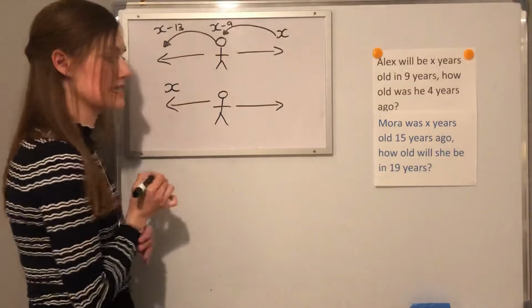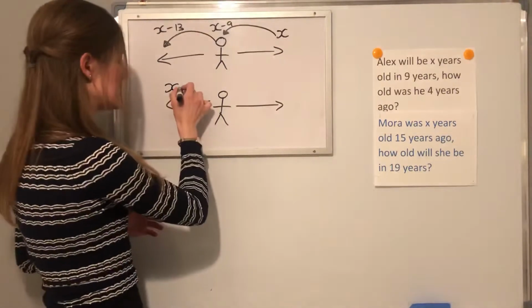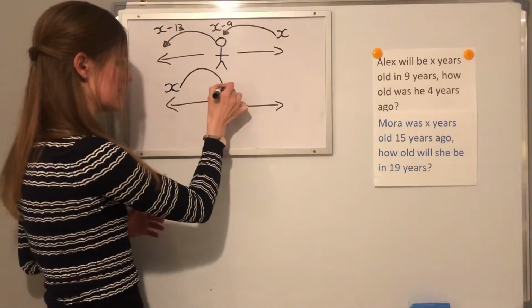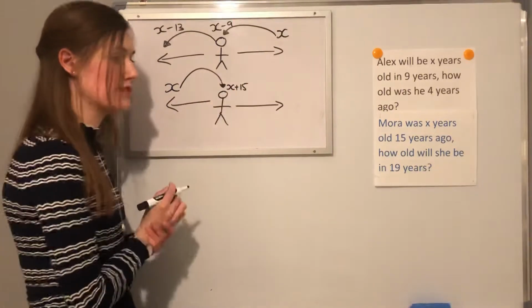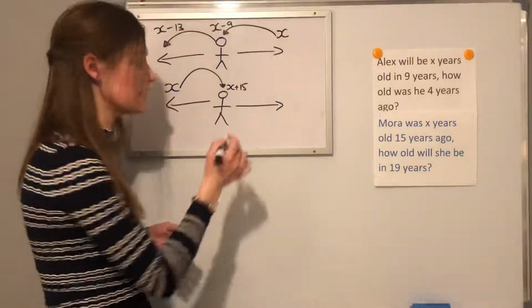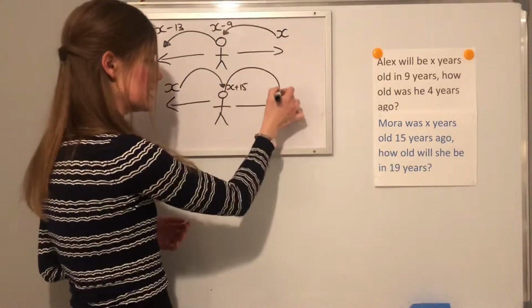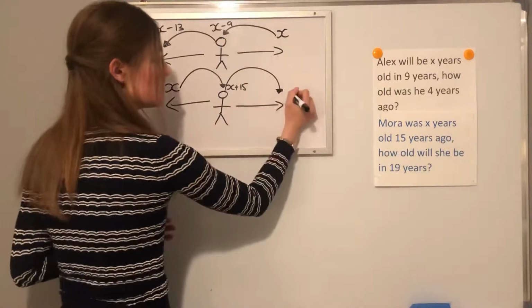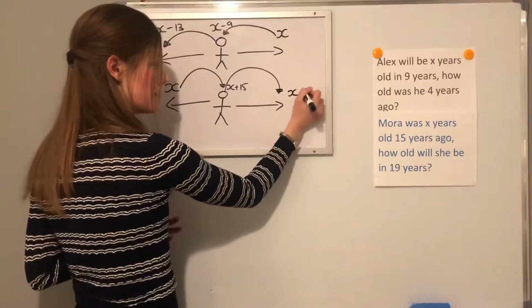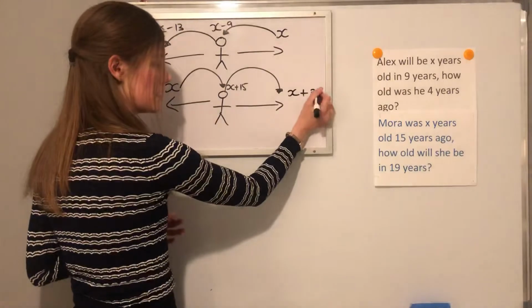We put an X there. That was 15 years ago, so to get to her now, we write X plus 15. How old will she be in 19 years? Well, we've got to add on another 19, so we're going to get X plus 34.